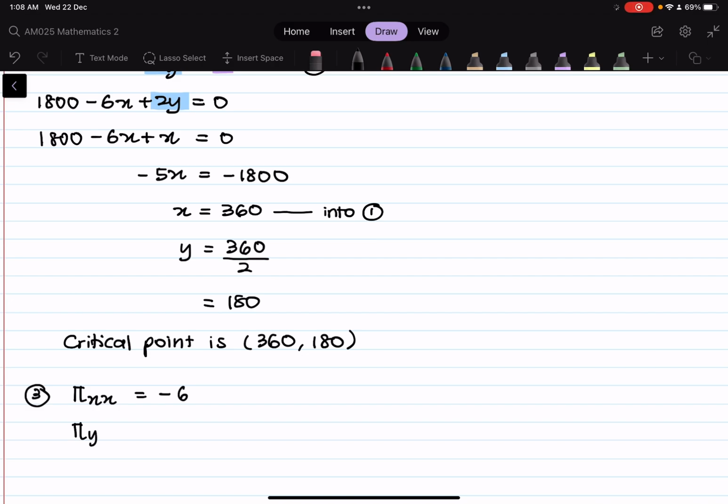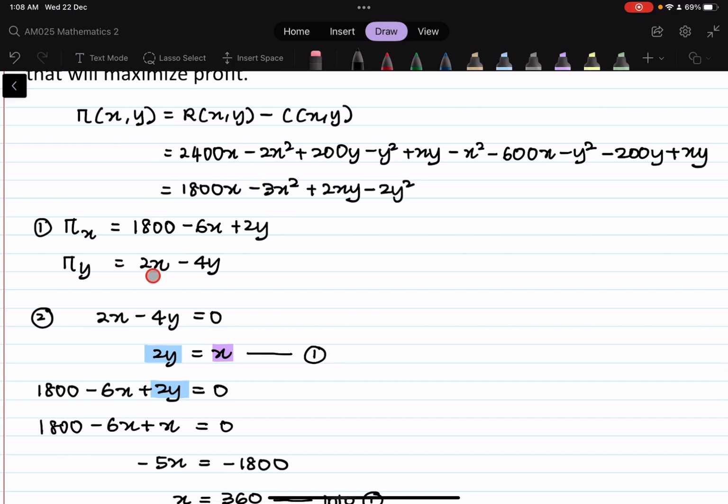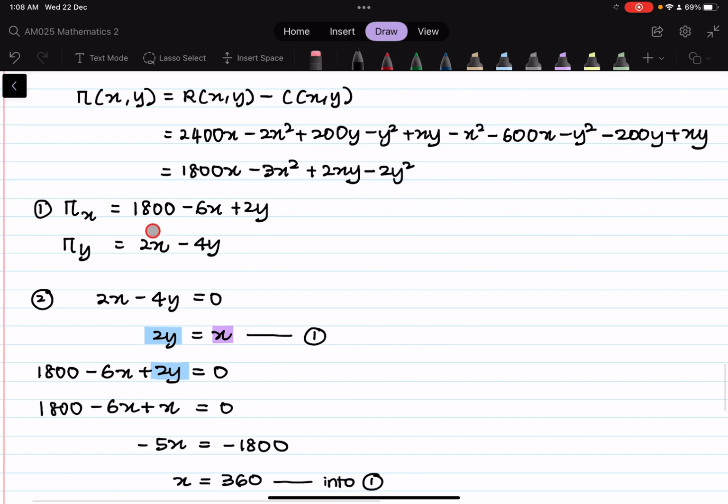Pi sub yy: differentiate 2x with respect to y is 0, differentiate negative 4y with respect to y is negative 4. Pi sub xy: differentiate 1800 with respect to y is 0, differentiate negative 6x with respect to y is also 0, differentiate 2y with respect to y is 2.